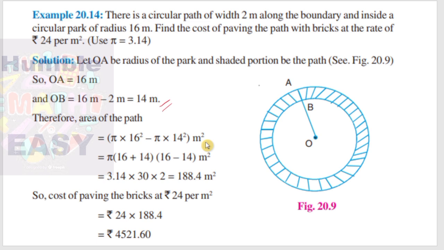Therefore we have pi times 30 times 2, that is 60 times 3.14, and we come up with 188.4 square meters. This is the area of the shaded portion, or the path. Then the cost of paving the bricks is 24 rupees per square meter, so 24 rupees times 188.4, and we have 4,521.60 rupees as the cost of paving the bricks.